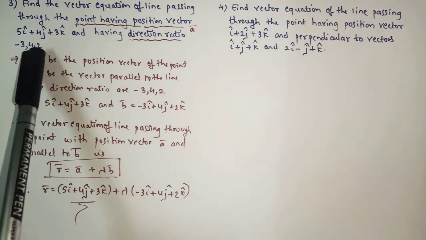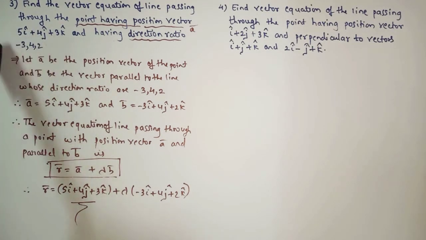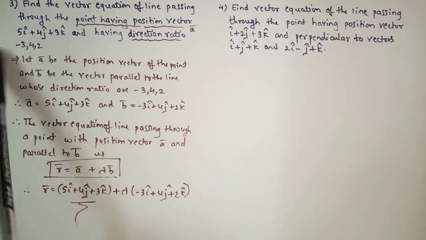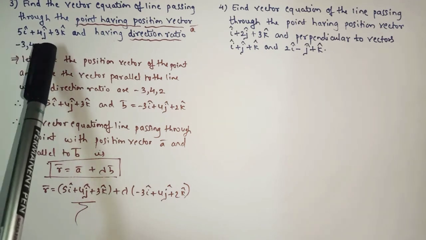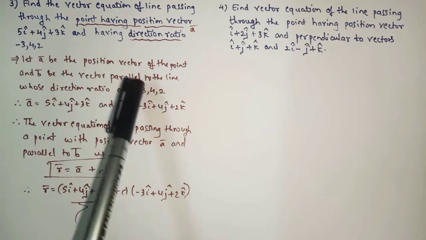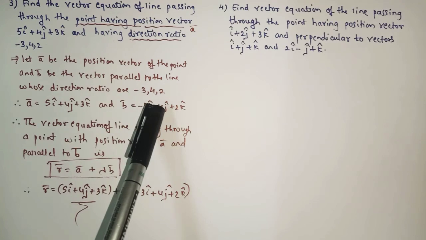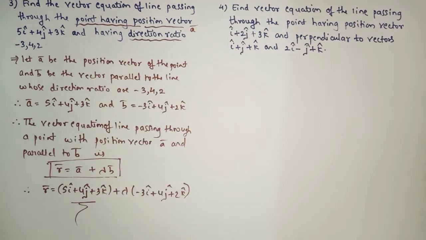We have to convert this direction ratio into vector form. So the first one will be i, the second one j, and the third one k. Therefore we wrote that as minus 3i plus 4j plus 2k. I hope you all understood the third sum also.